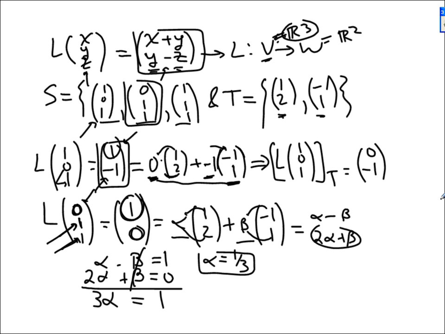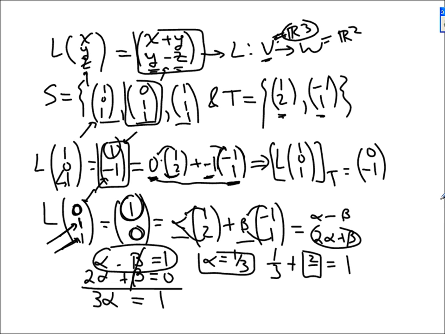And we know that when we subtract beta from alpha, we get 1. So 1/3 minus some value gives you 1. Well, you know 1/3 plus 2/3 is 1.